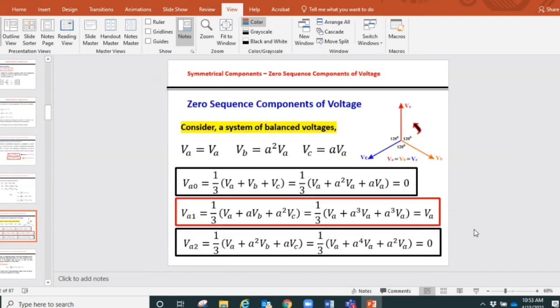So that is where I'm now coming. If the voltages were balanced, what would happen to these sequence component voltages? I consider this a balanced system of voltages, VA, VB, VC. We're considering positive sequence because VA is there, and then after that I drew VB here.